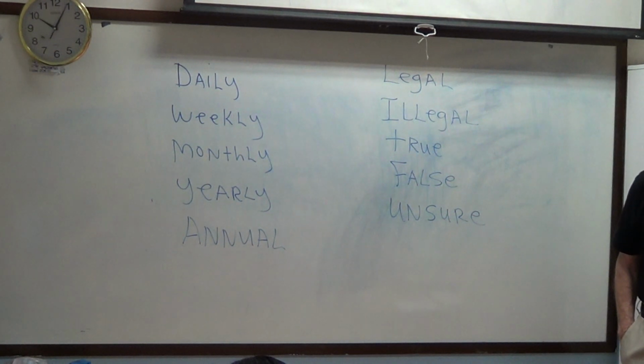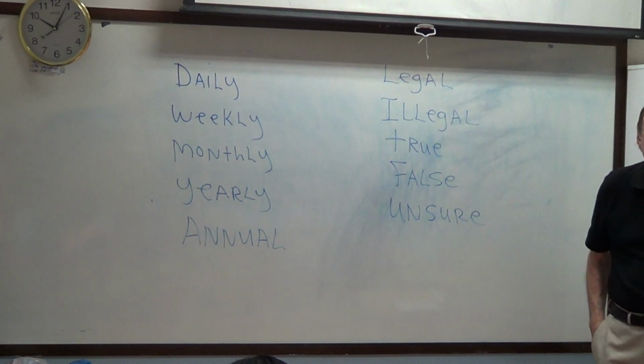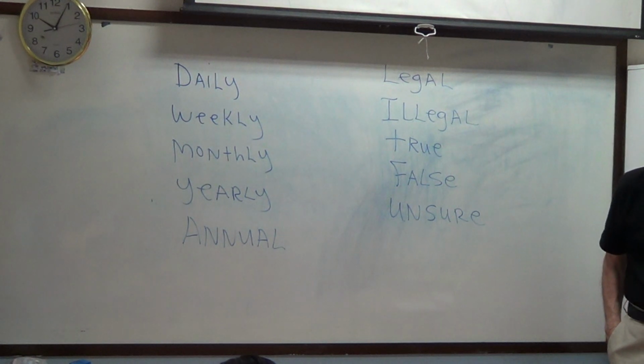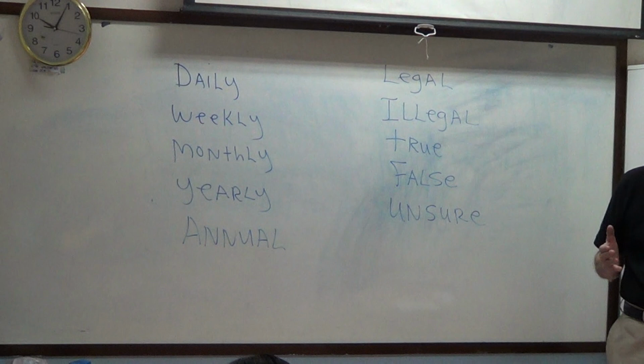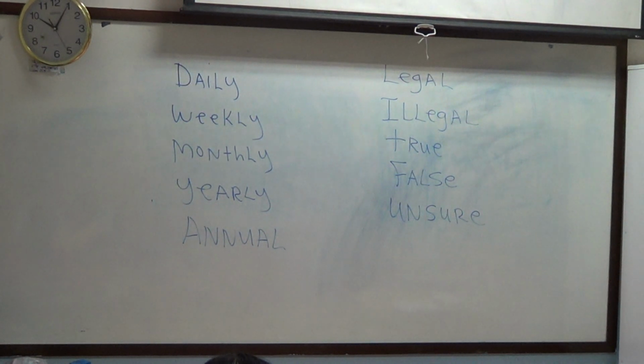I'm unsure. Is it raining? I'm not sure. Let me look out the window. Oh, now I'm sure it's not raining. But when I couldn't see out the window, I was unsure, not certain. Maybe, maybe not.